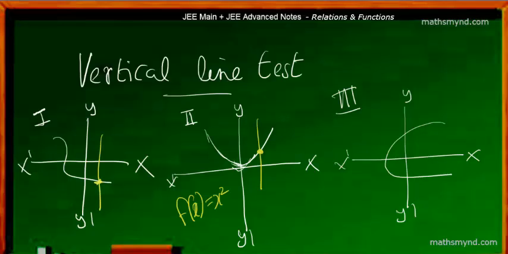Now, you don't have to be a genius to know that this case simply won't pass the vertical line test, because if you draw a vertical line, it will be crossing the line representing a function at 2 points, which simply means that we are not dealing with a proper function. Now, this much is very clear and straightforward. What exactly is the mathematical basis for this particular test? And that is the important point.